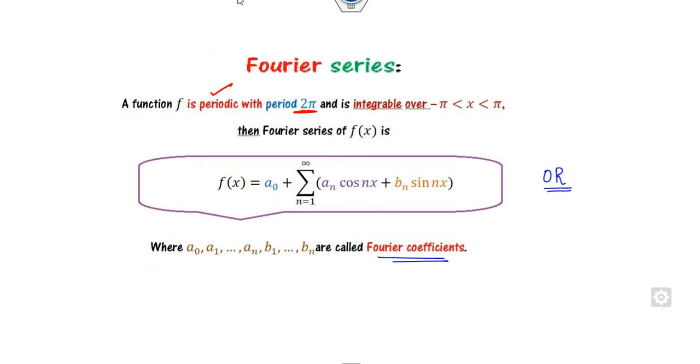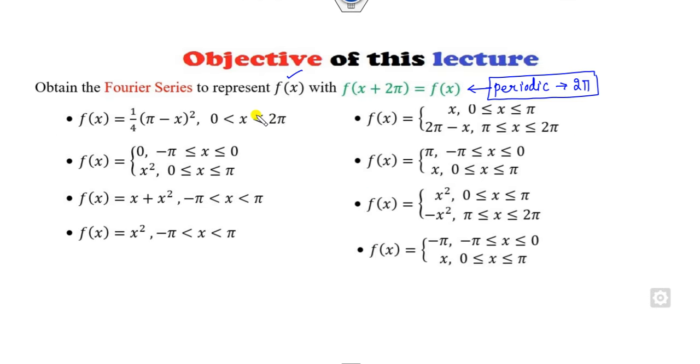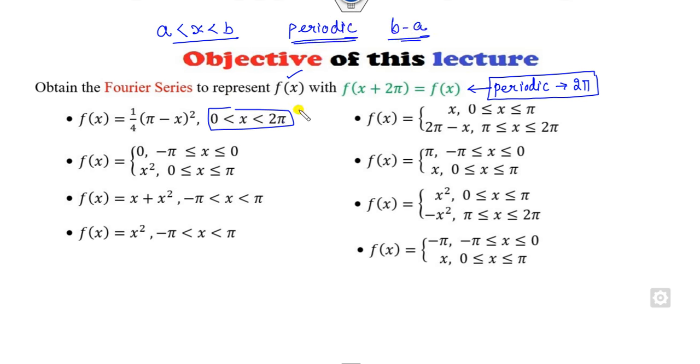This target is very simple. Look at this example first. When you take an interval from a to b, the period is b − a. So this period is 2π, this period from −π to π is again 2π, and so on.